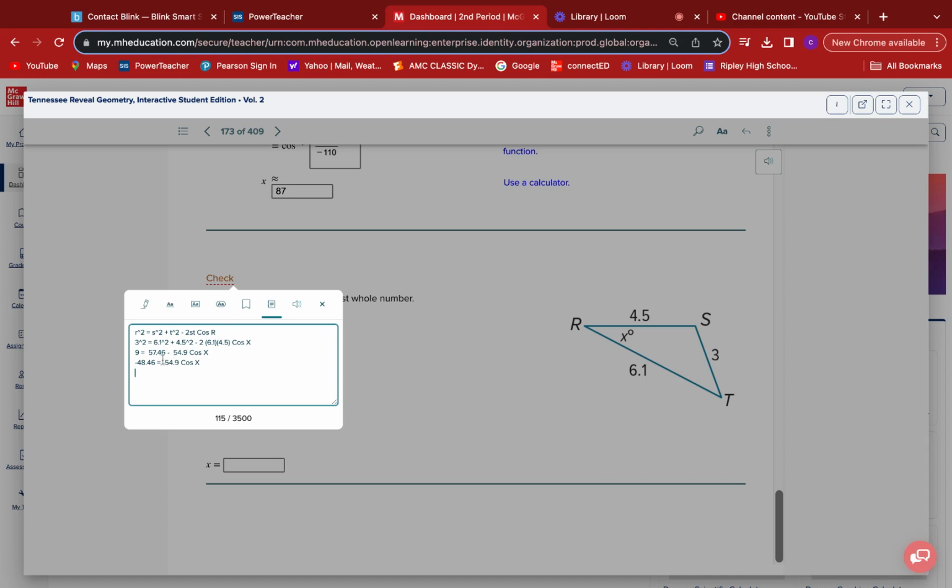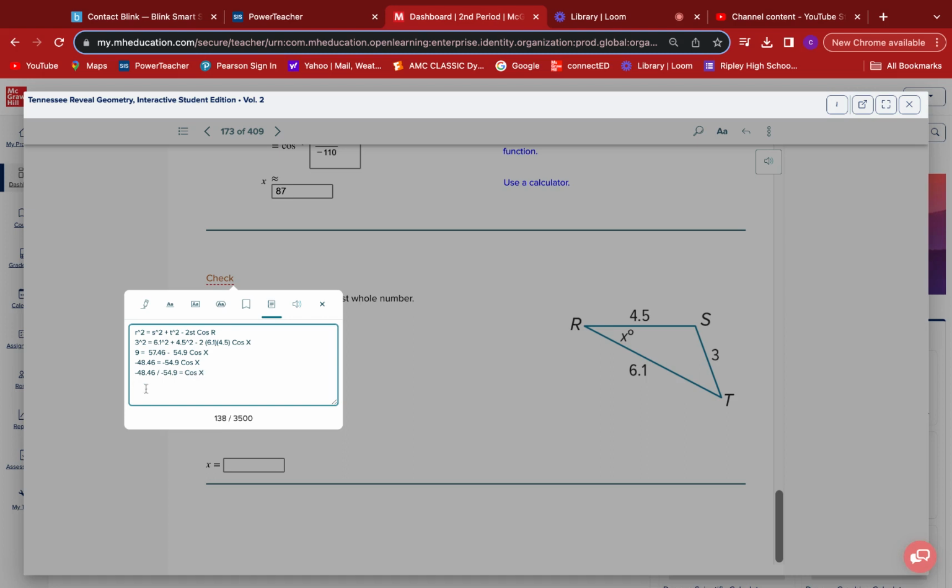So I'm going to divide negative 54.9 to the other side where the negative 48.46 is. So I got negative 48.46 divided by the negative 54.9. And what's left on the right side is the cosine of X.